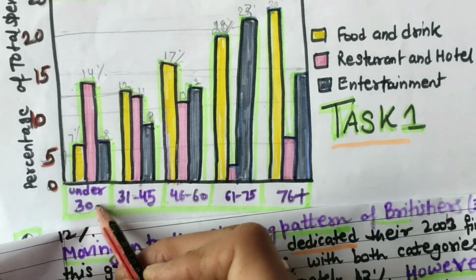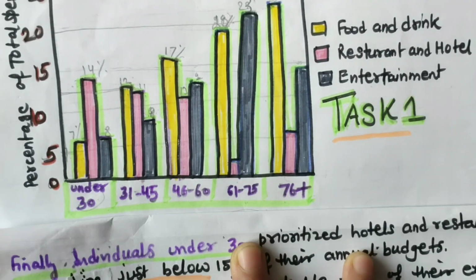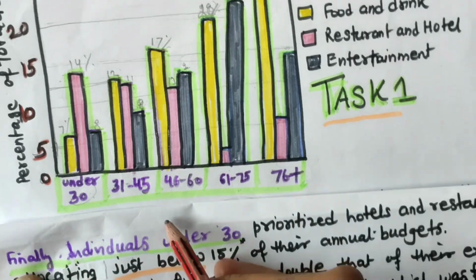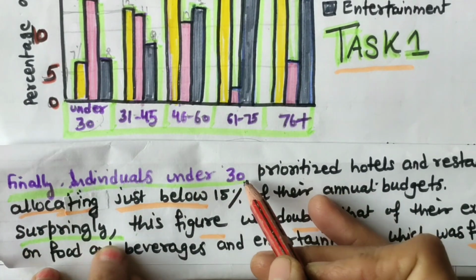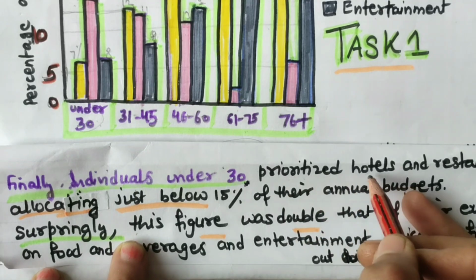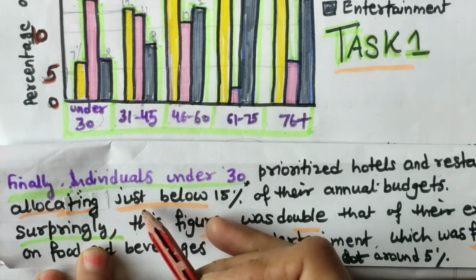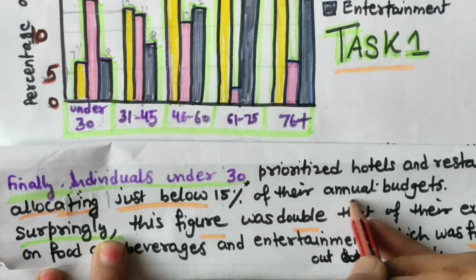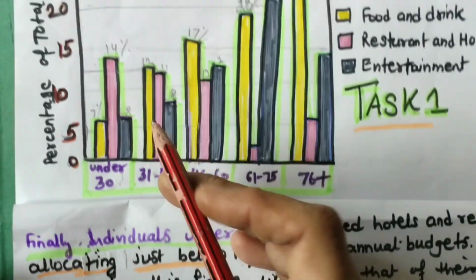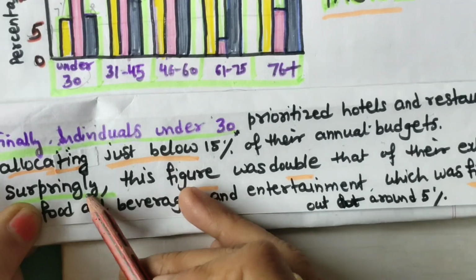Now talk about this category. Finally, individuals under 30 prioritized hotels and restaurants, allocating just below 15%, or 15%, of their annual budget. So here, as I told you, it is 14%.